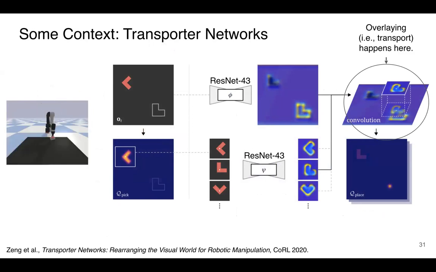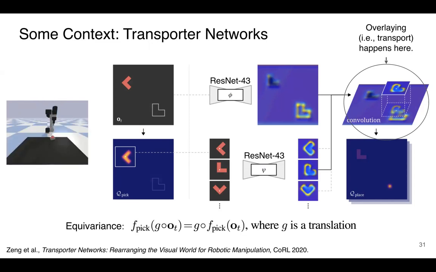The fully convolutional neural networks, in this case, are residual networks with 43 layers. They take in some image, and then they produce an output image of the same dimension, but where the image is not really meant to be an image that we would interpret very easily. They're meant to be features.